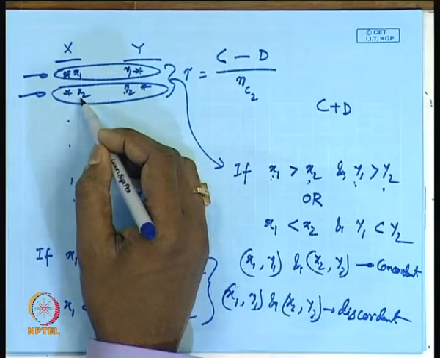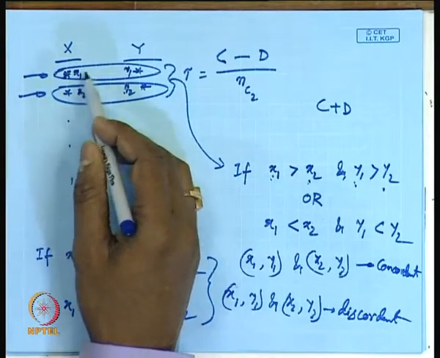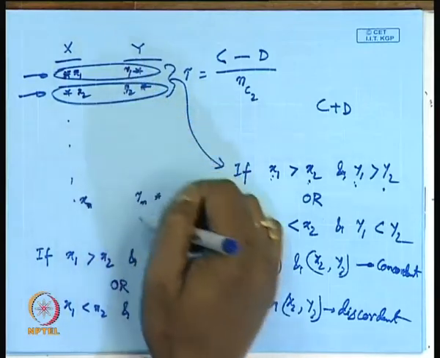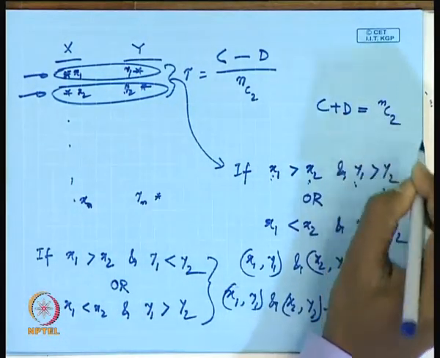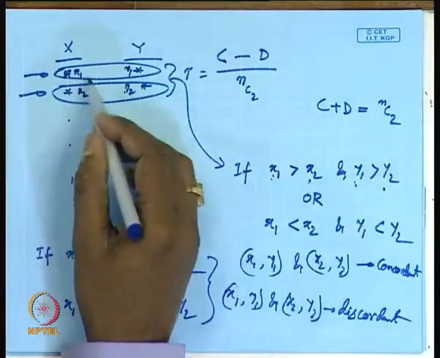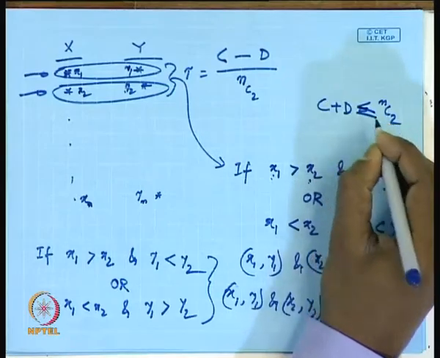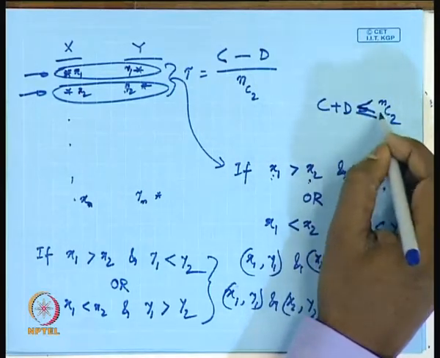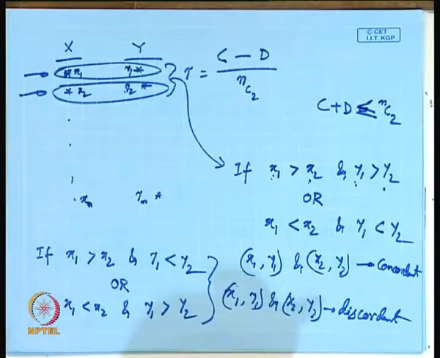If there are no ties, then ideally C plus D is equal to NC2. But as there could be ties, C plus D is less than or equal to NC2, since those combinations have to be ignored.